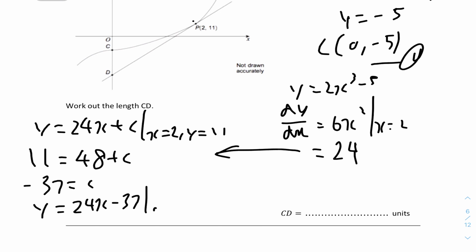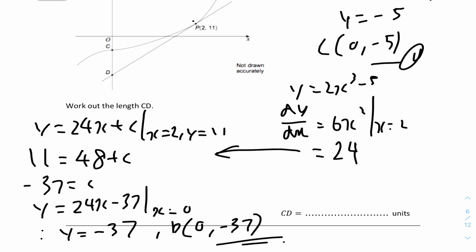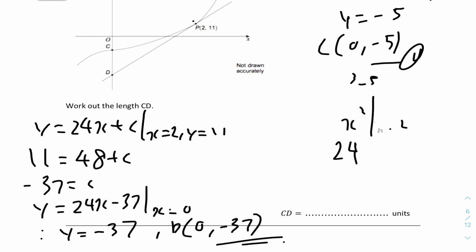Put in x equals 0, because that's where D is. Therefore y equals minus 37. So the point D is (0, minus 37). Now let me just work this out right here. We have C is this and D is this.